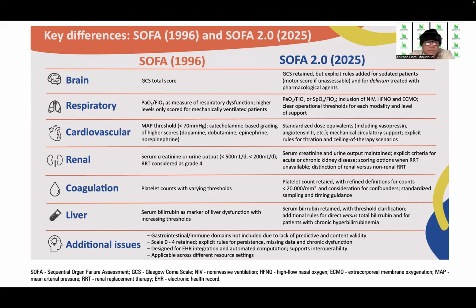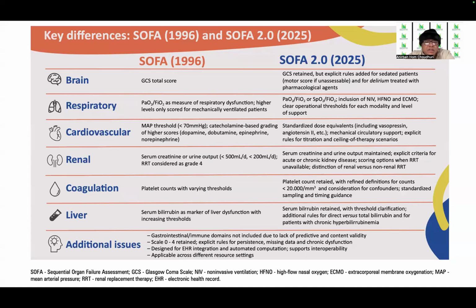In the liver, serum bilirubin as a marker of liver dysfunction with increasing thresholds was used in the SOFA score of 1996, but in the current SOFA 2 version, serum bilirubin is retained with threshold clarification, but additional rules for direct versus total bilirubin and for patients with chronic hyperbilirubinemia have been added. So that also makes things more refined.